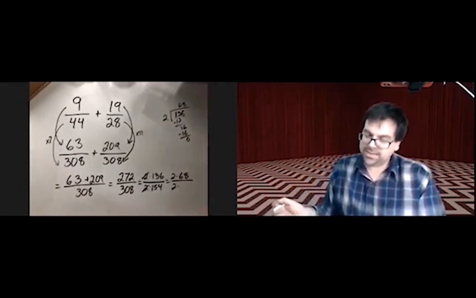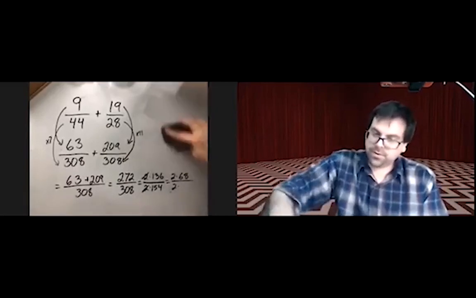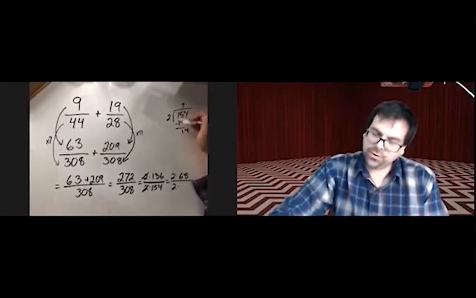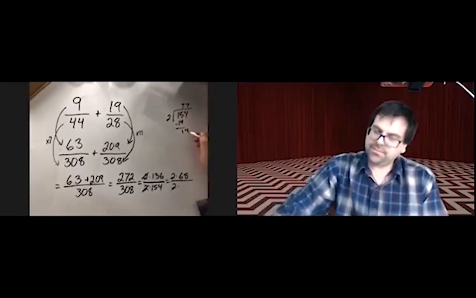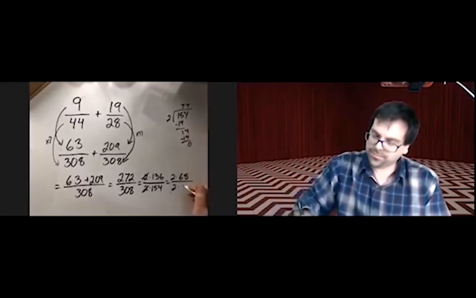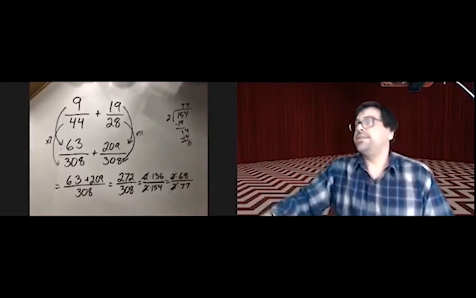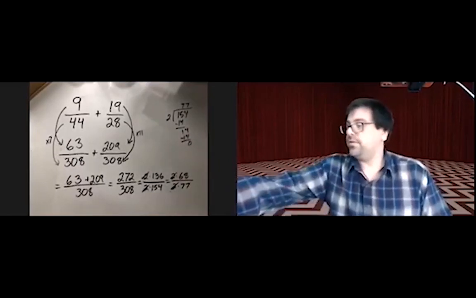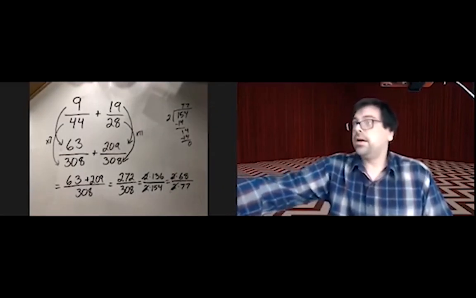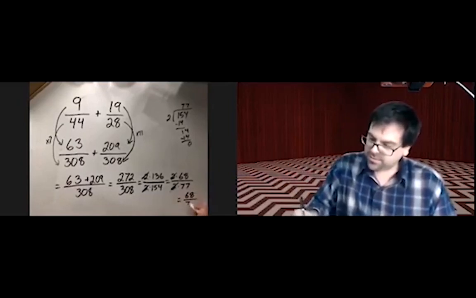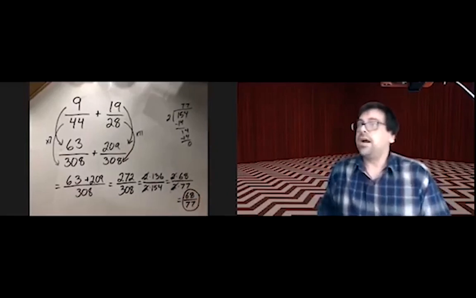That's 2 times 68. 154 divided by 2. 2 goes into 15 7 times. 2 goes into 14 7 times. 2's cancel. I've got 68 over 77. I don't believe that goes any further. Does it accept it as the final answer? It absolutely does. 68 over 77 is our reduced fraction.